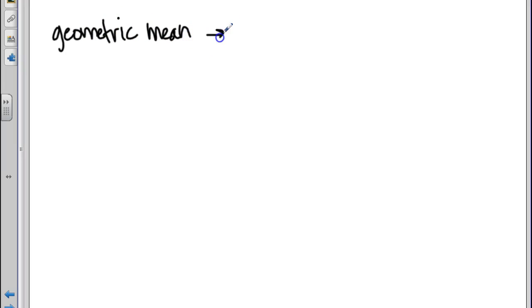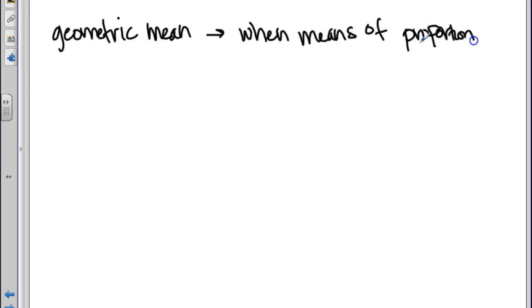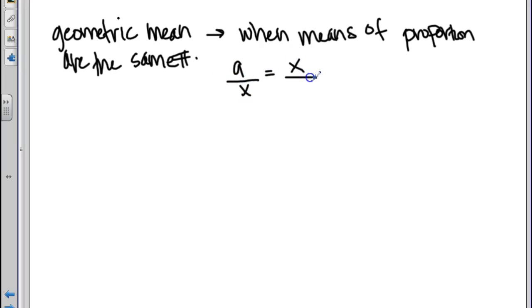So geometric mean happens when the means, remember we talked about means and extremes, when the means of a proportion are the same number. So when I set this up, it looks like this.